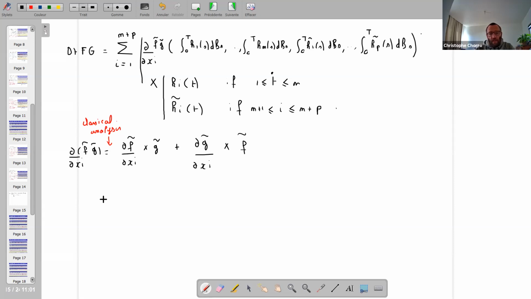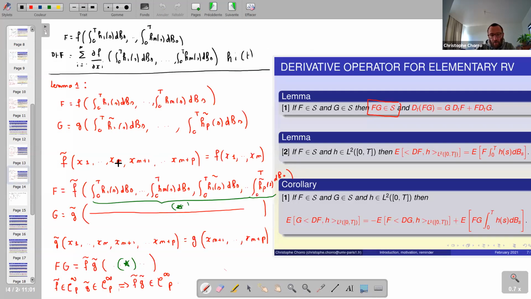Okay, so keep in mind, on the definition I have given to f tilde and j tilde, that f tilde in fact depends on the first n variables, not the other ones, and j tilde depends on the last p variables, not the first.